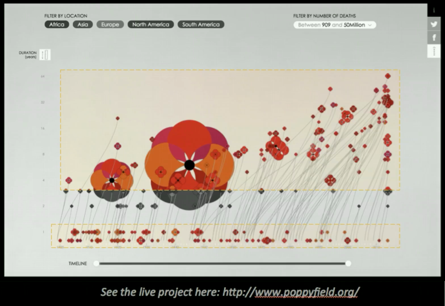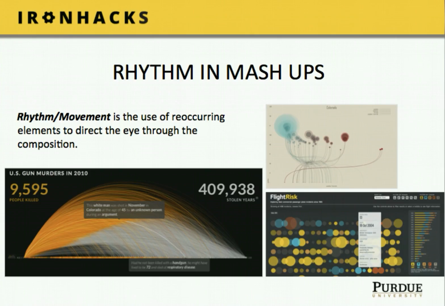And for this reason, pattern is perhaps one of the more important design principles to be used when designing data visualizations. But also rhythm or movement, which is the perception of motion or a sense of direction in a visual scene. And this is important to kind of draw out the path along which the user can go on a journey.